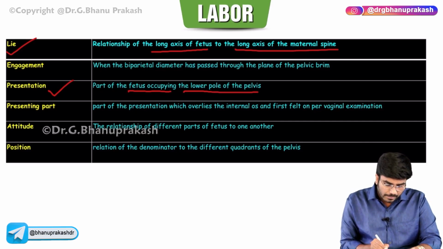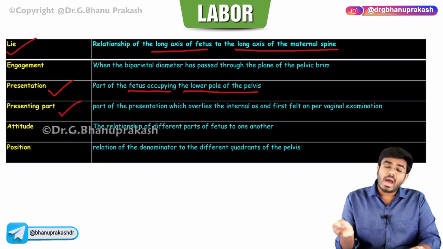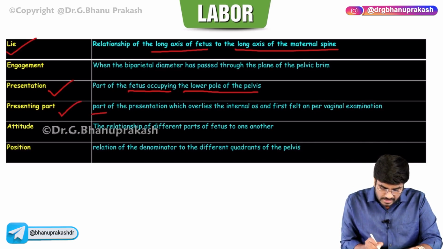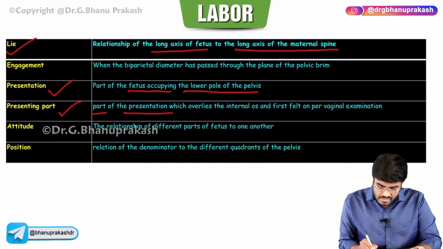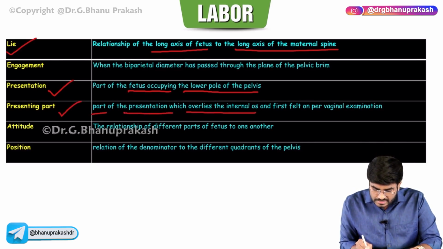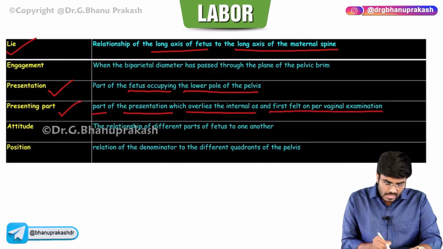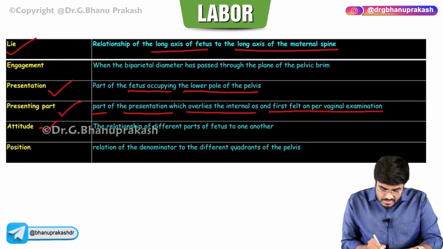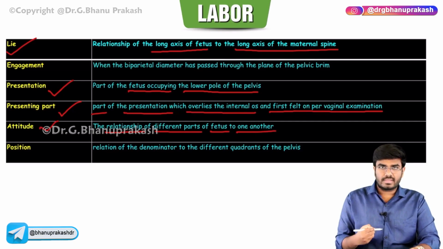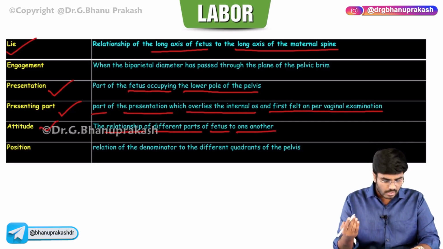Now, what is the presenting part? The presenting part is the part of the presentation which overlies the internal os and is first felt on per vaginal examination. And what is attitude, guys? Attitude means the relationship of different parts of the fetus to one another.